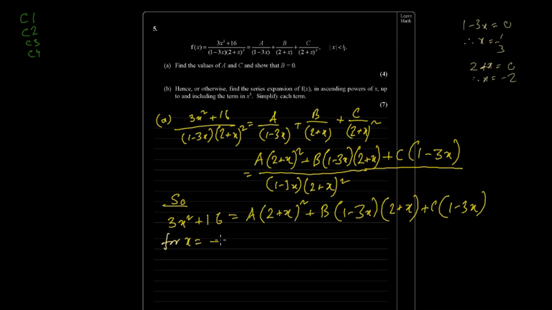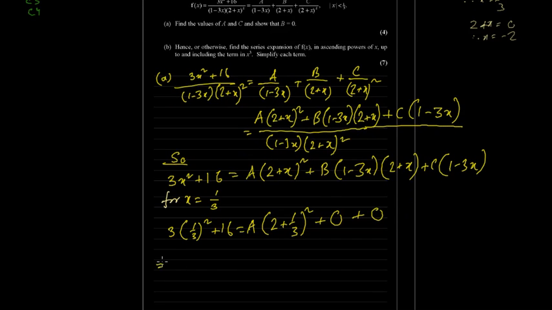For x equals 1 by 3, putting this value, the left hand side would be 3 into (1 by 3) whole squared plus 16. This would be A(2 plus 1 by 3) whole squared. This would be 0 because this thing is equal to 0 now, plus this would also be 0. So 1 by 3 whole squared is 1 by 9. So 3 by 9 is 1 by 3, plus 16, and 2 times 3 is 6 plus 1, 7 by 3. (7 by 3) whole squared is 49 by 9.